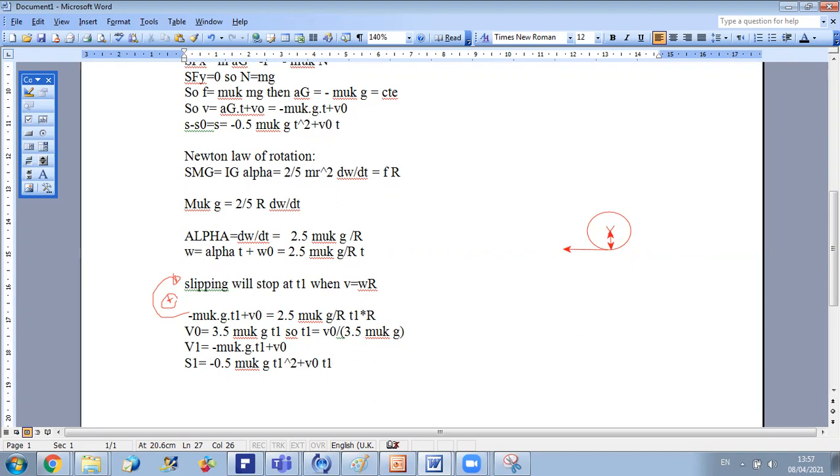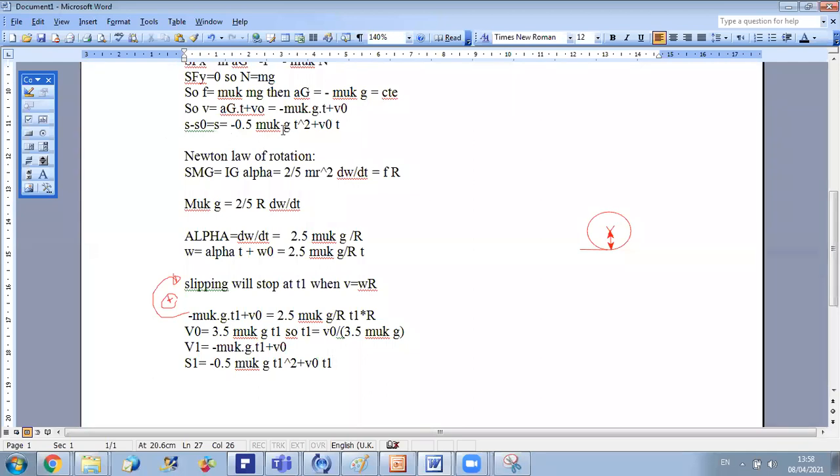Okay? But please repeat the reasoning in your question. Yes, sure. If you have v as a function of time, you do integration of it, or because a is constant, you have constant acceleration, so you can say that s is half a t square plus v0t plus s0. Since here you have constant acceleration a equals minus mu k g, you can replace the acceleration by minus mu k g, so s is minus 0.5 mu k g t square plus v0t plus s0, and s0 is 0, so you get s.